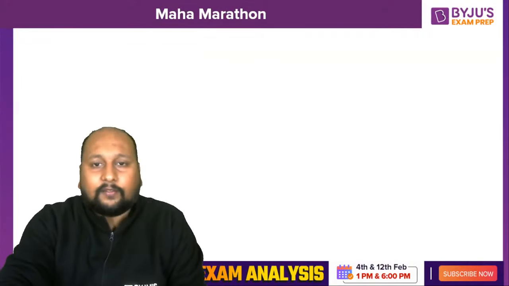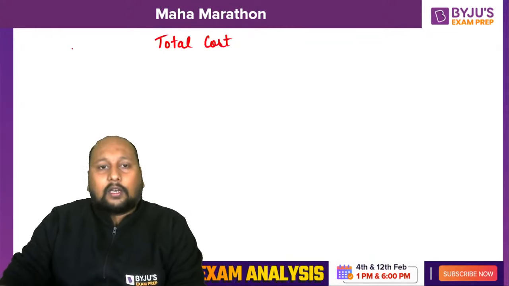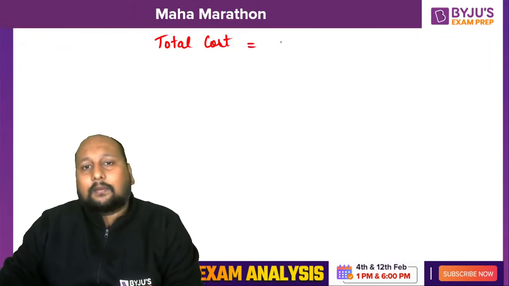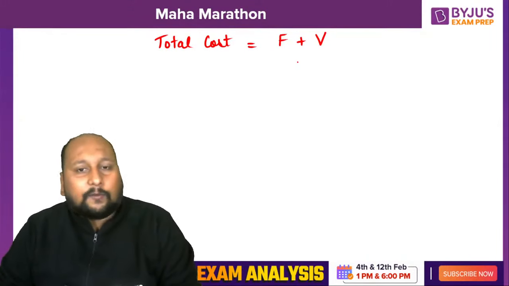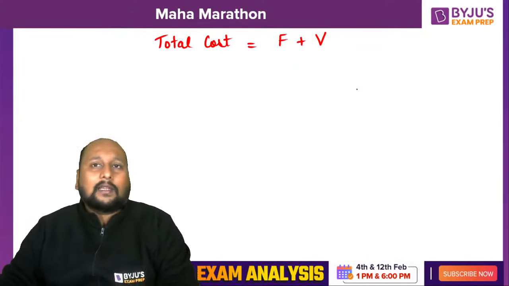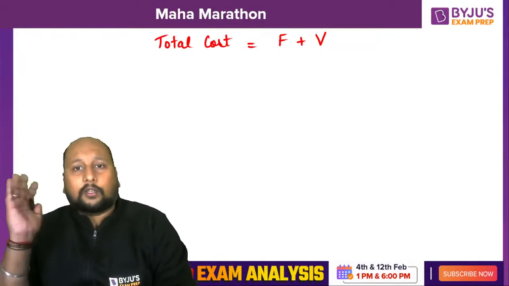So how can we identify it? Let us suppose total cost is basically total expenditure. Total cost or total expenditure is nothing but the summation of the fixed cost plus the total variable cost. What is fixed cost? Fixed cost is that cost which does not change whatever volume of production you are doing.